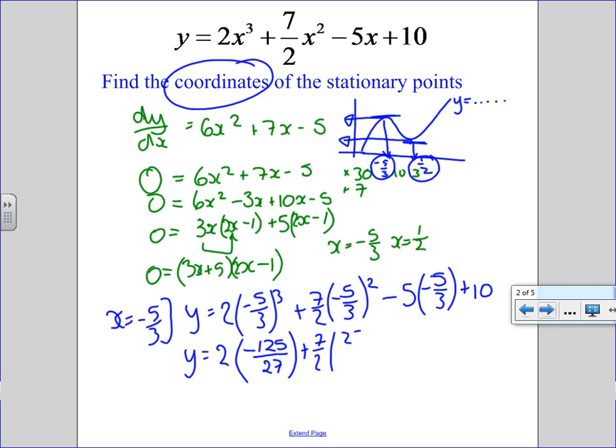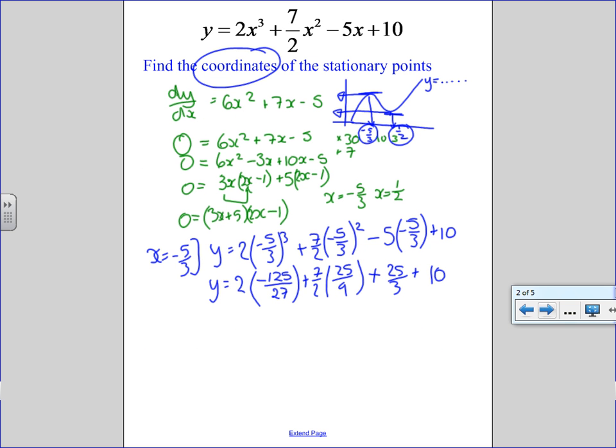And then a negative squared is positive, plus 25 over 3, plus, and that's 30. Let's ignore that for a minute, let's just do 10. And then if we make it all over 27, y is equal to minus 250 over 27.